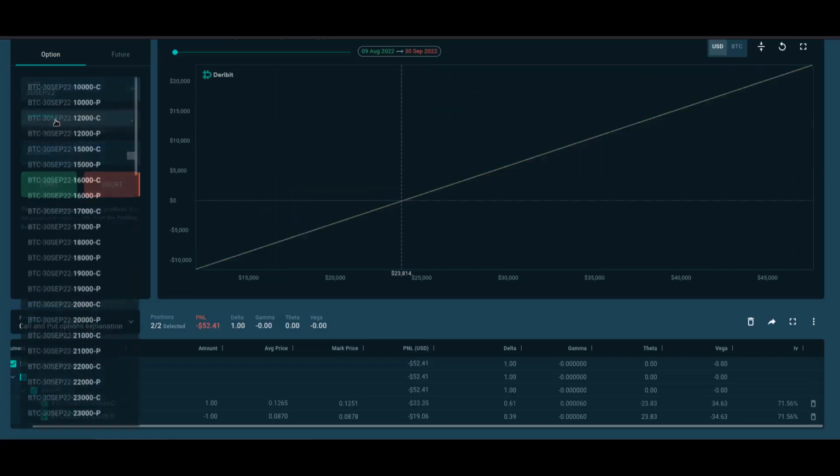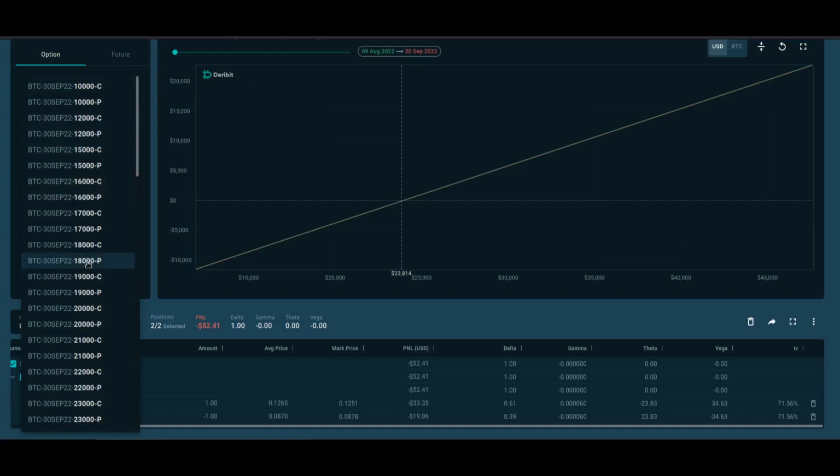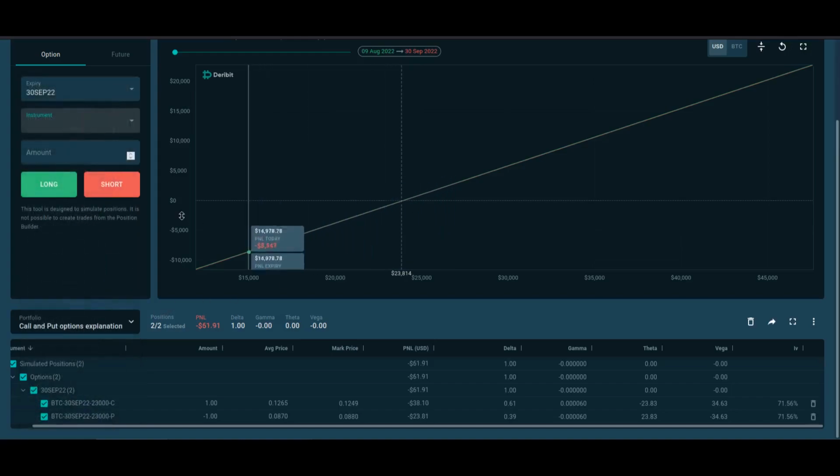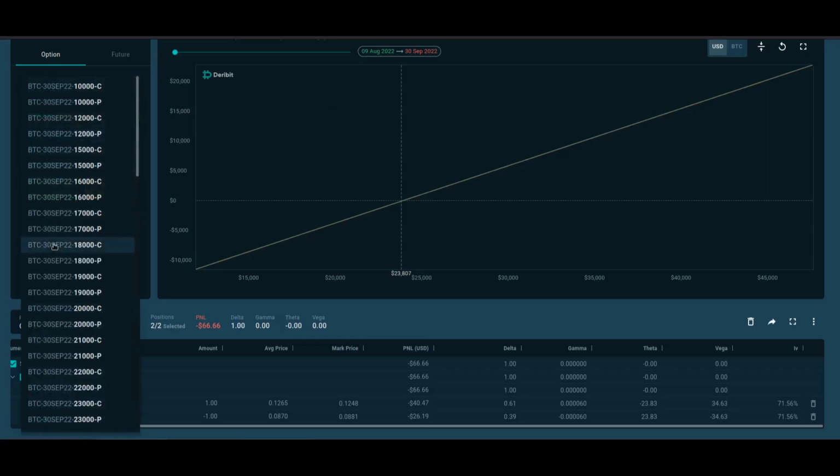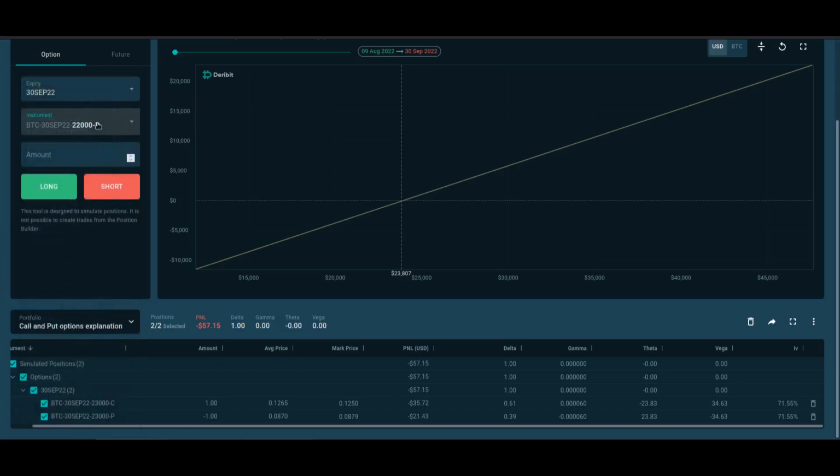Okay, let's put options, for example, at the strike after which we won't take any losses. For example, if we buy futures at $23,000, let's suggest that at 22,000 we won't take more drawdown, so we have to buy put at this strike, the same amount we have of underlying asset.